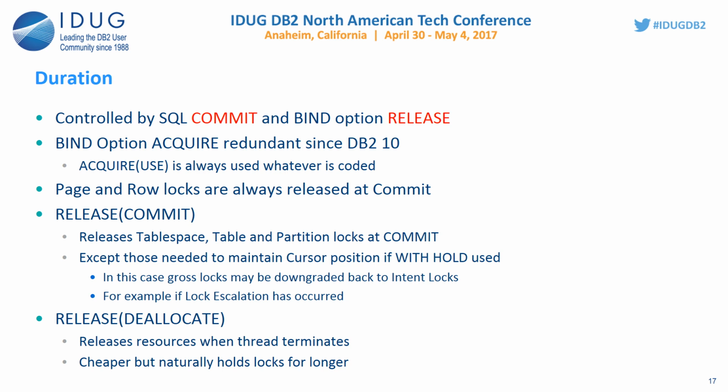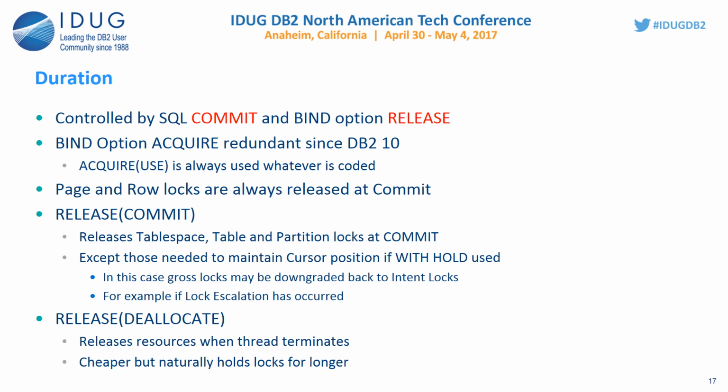All right. The release options are either commit or deallocate. And bear in mind that these are for page and row level locks only. So these are the bottom of the hierarchy. So if you code commit, it's the other way around. Page and row level locks are always released at commit time. These bind parameters only account for the higher level locks.